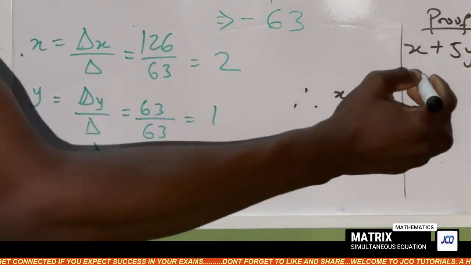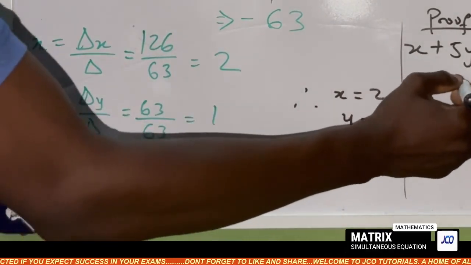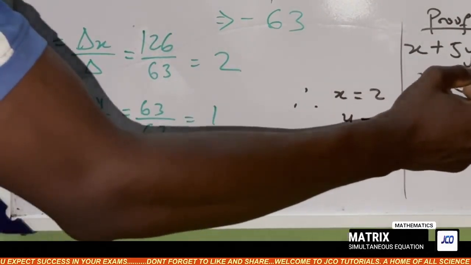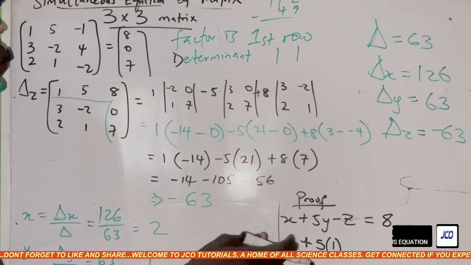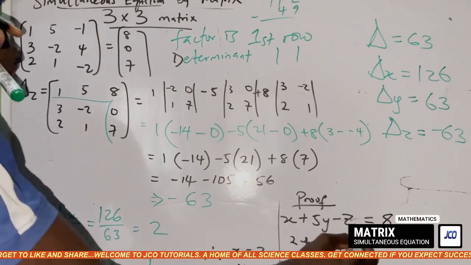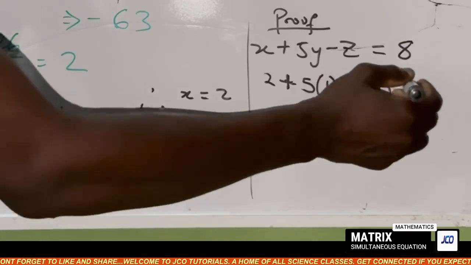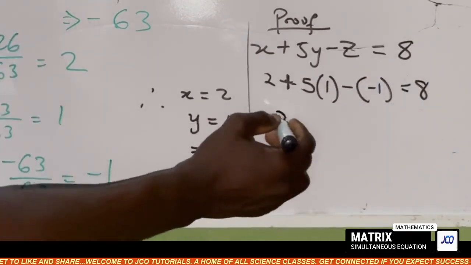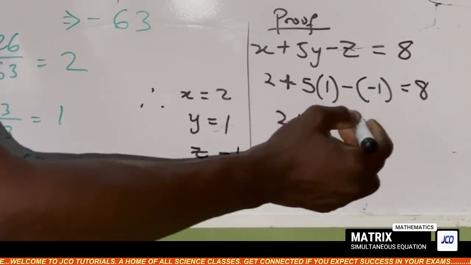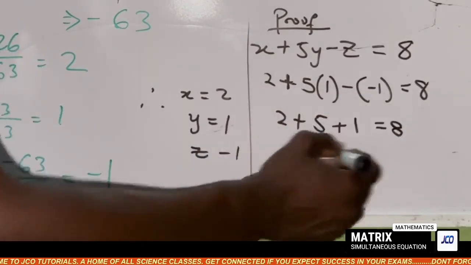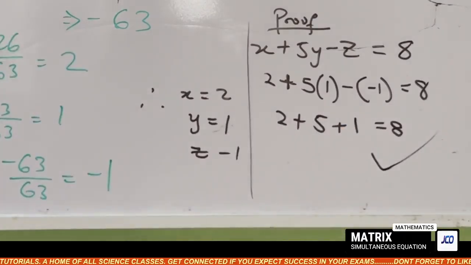Your y is 1. So x, which is 2, plus 5 times your y, which is 1. X is 2, y is 1. Then minus your z, which is minus 1, gives you 8. 2 plus 5 times 1, 5. Minus minus plus 1 gives you 8. And of course, when you add them, it gives you 8.